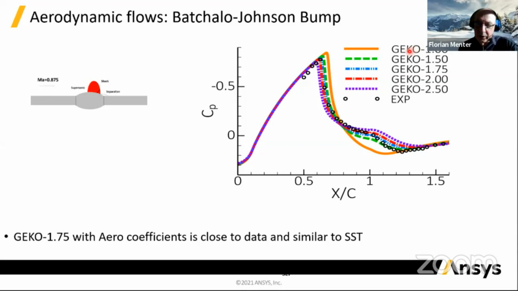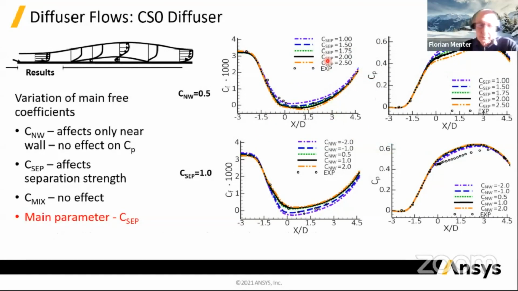So if we go again with a conservative setting, like GEKO 1, which is more like a K-epsilon model, we get a very backward shock location, and we can then tune the shock location by changing CSEP. Now, the blue curve is the default. So I want to mention that, of course, we have very strong defaults, which are similar to SST. So you don't have to tune the model for every flow you're running, but you can do that if you feel a need for that and you have good experimental data justifying these modifications.